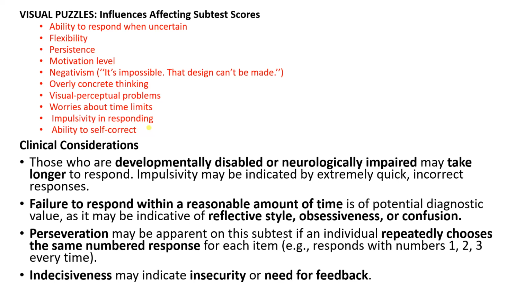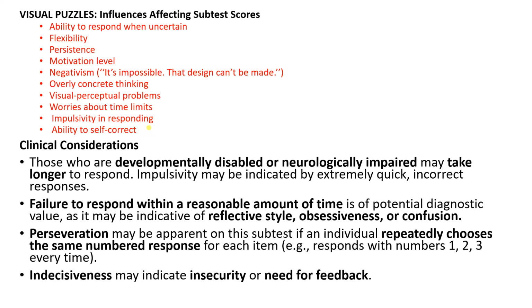For example, if an individual is characterized by a reflective thinking style, those who reflect more on the problems will take longer to respond. In terms of clinical value, those who have some form of obsessiveness, or some form of confusion, also take reasonably longer to respond.